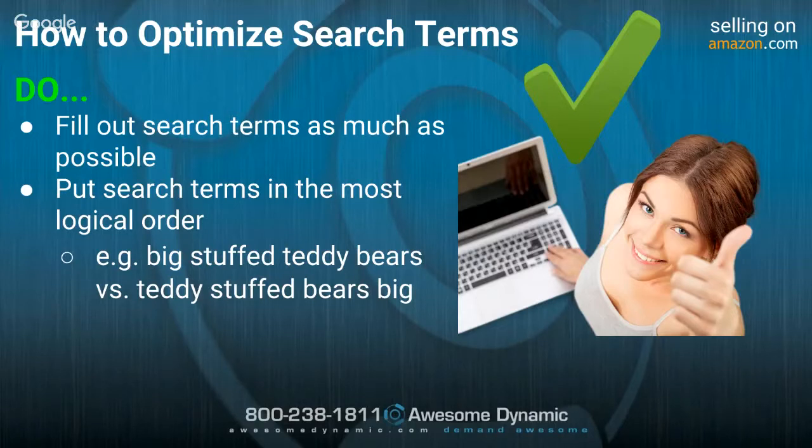Now, with that being said, Tim, I want to pop in here and talk about how the format of the keywords and how you do it in Amazon and their algorithm is very different than what works on Google or SEO in general. A lot of folks that we come across are using the standard keyword formats where if it was big stuffed teddy bears and big stuffed teddy bear, that matters on Google and matters for normal SEO for websites.